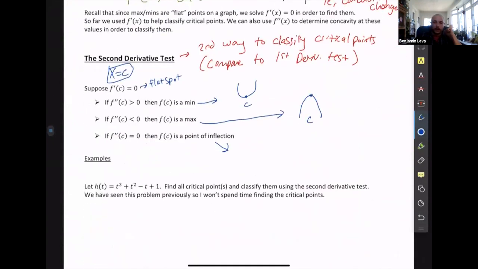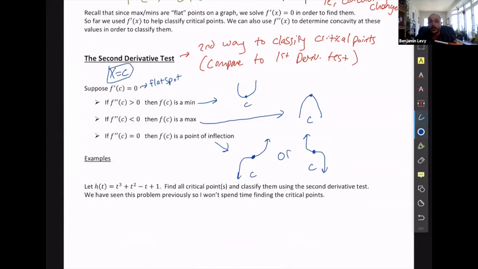They end up being either this, right? That would be the C location, or like this, right? Again, flat spot and no concavity. So one of those two things. So it's just a second way to classify these things.